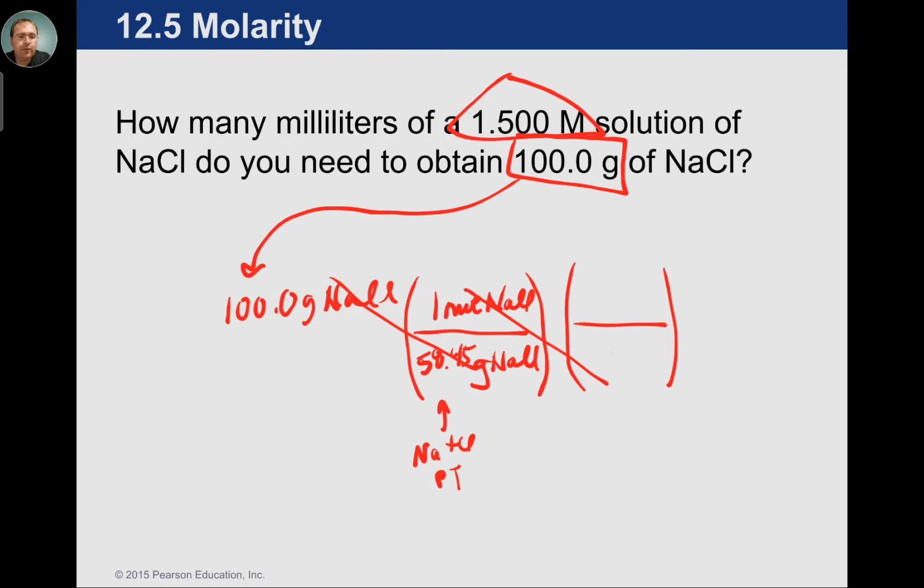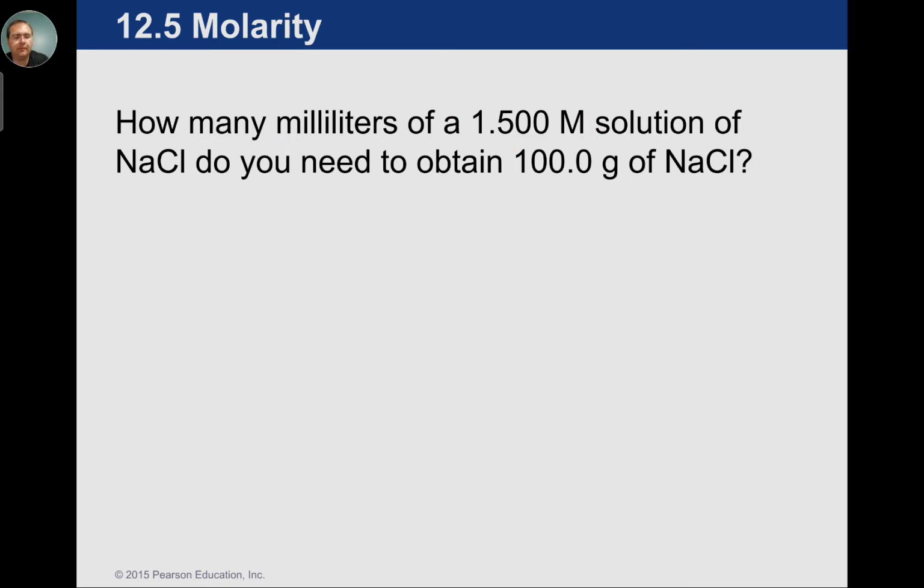So in moles now to milliliters that they want, this is where we can use 1,000 milliliters if we use capital M for moles. And this happens to be 1.500. And then we keep milliliters of the solution left over.